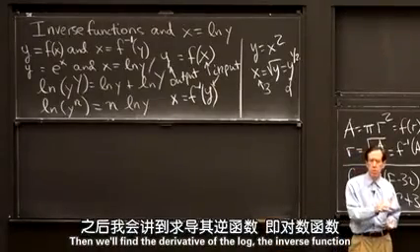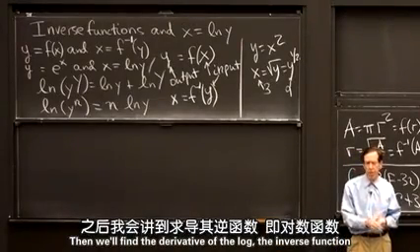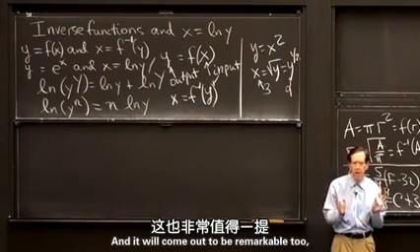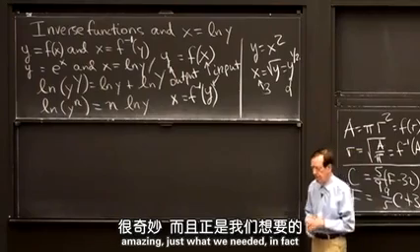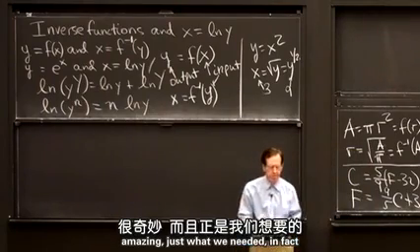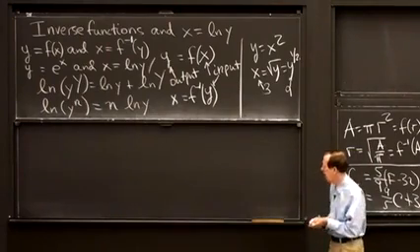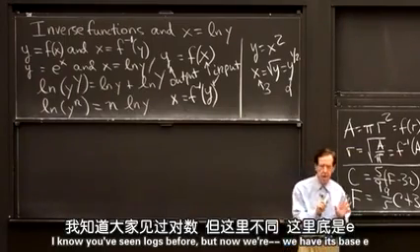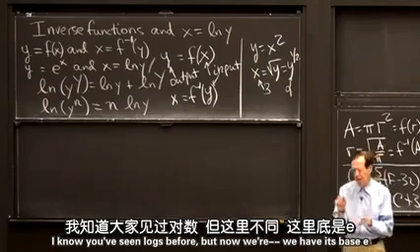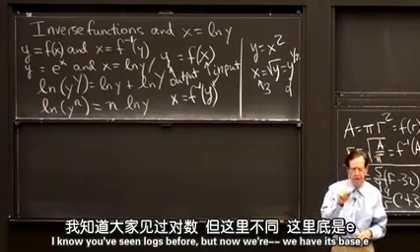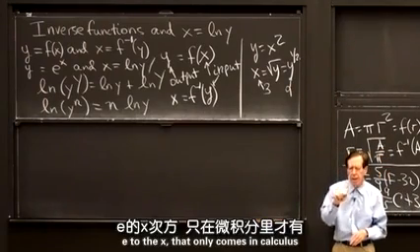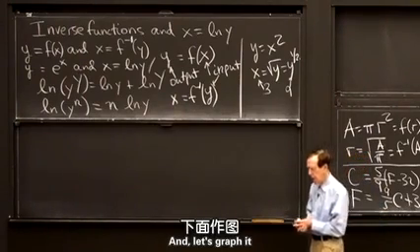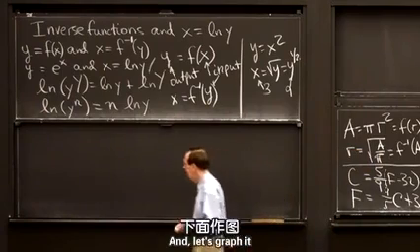Then we'll find a derivative of the log, the inverse function. And it will come out to be remarkable too. Amazing. Just what we needed, in fact. All right, but let's get an idea of what that log looks like. I know you've seen logs before, but now we have this base e to the x that only comes in calculus. And let's graph it.